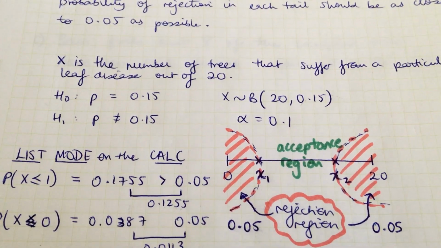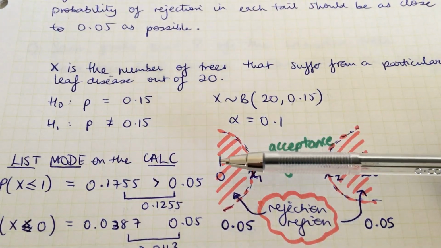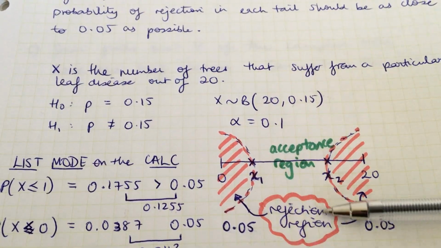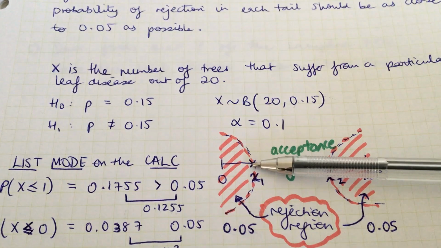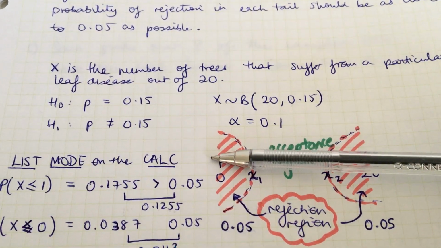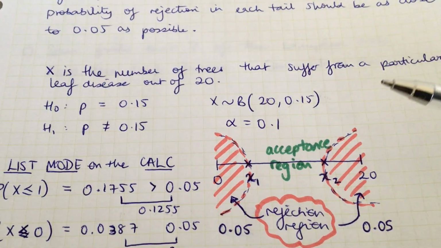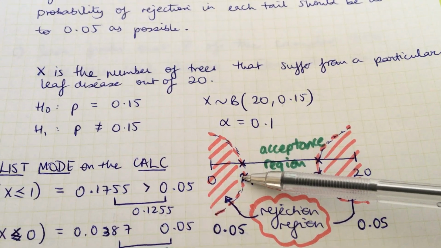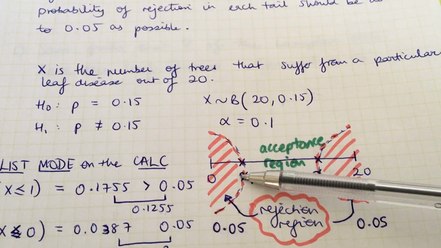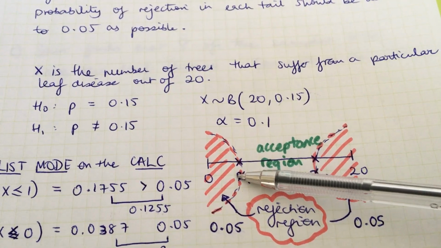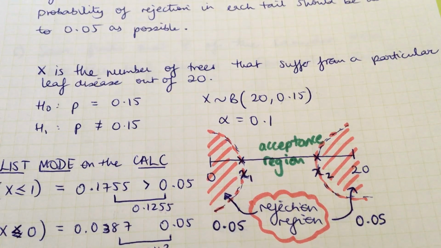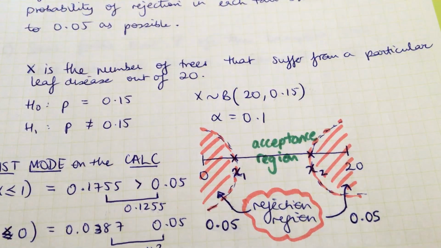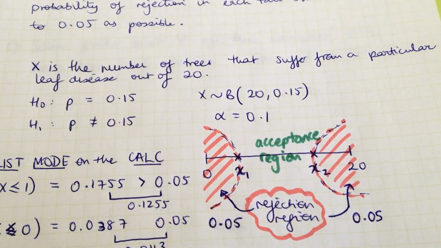But look at this diagram here on the side. I've just shown you that if the data goes from 0 to 20, which are the 20 trees, the rejection region where we can reject the null, i.e. how many trees need to be on this end for us to reject and how many trees need to be on this end, means something like, if let's say this is 7, that means out of those 20 trees that we have looked at, 7 or fewer trees would have had to have the disease for us to accept Sam's claim that the number of trees that get the disease has obviously changed, in this case reduced.